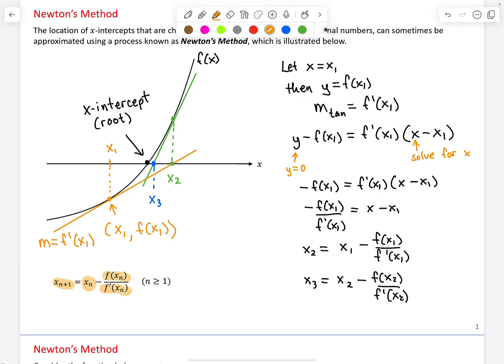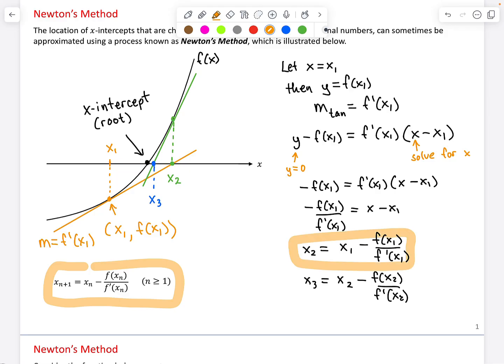And this formula applies for n values greater or equal to 1. So take this general formula and change all n's to 1, and you produce this specific formula. Take the general formula and change all n's to 2, and you produce this specific formula, etc.